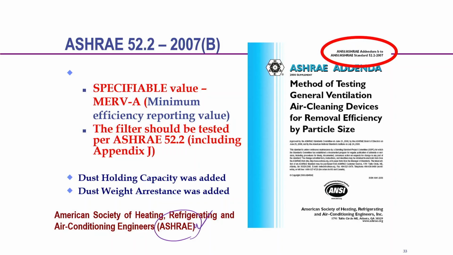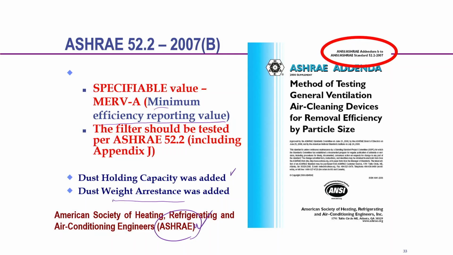They express it in terms of MERV, the minimum efficiency reporting value, based on the dust holding capacity and dust weight arrestance.